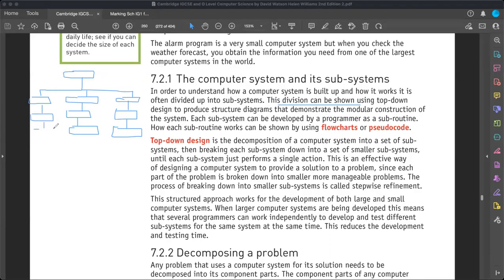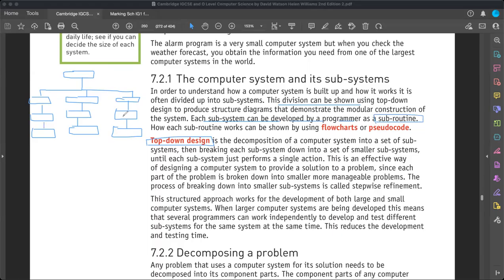These subsystems, which show a proper sequence of the program, are called top-down design. Or each subsystem can be developed by a programmer as a subroutine.